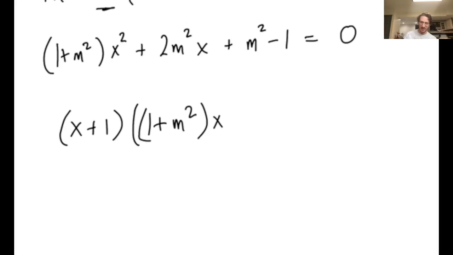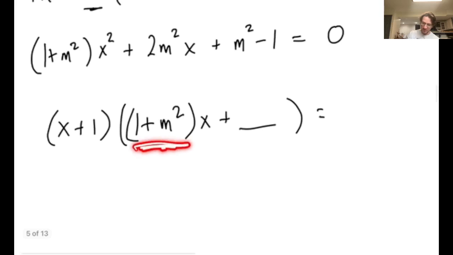It looks like (1 plus m squared) times x plus something, plus blank. One other thing we could use is that this times this gives me one part of this 2m squared x, but also this times this, and when I add that up, I should get 2m squared.